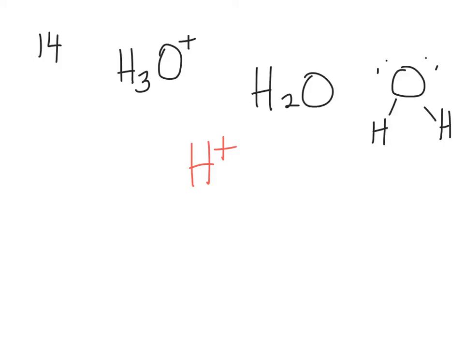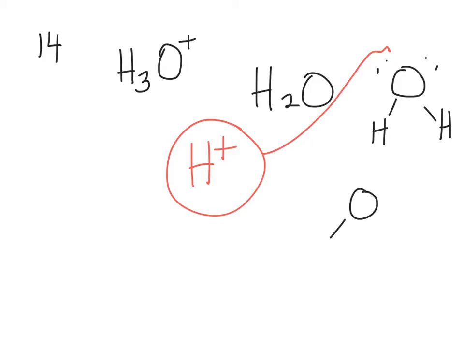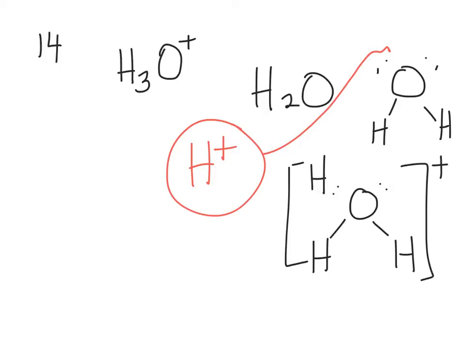So to draw the Lewis structure for coordinate covalent, that hydrogen ion is made to attach to one of these lone pairs. So you make H3O plus. You can draw it like this.